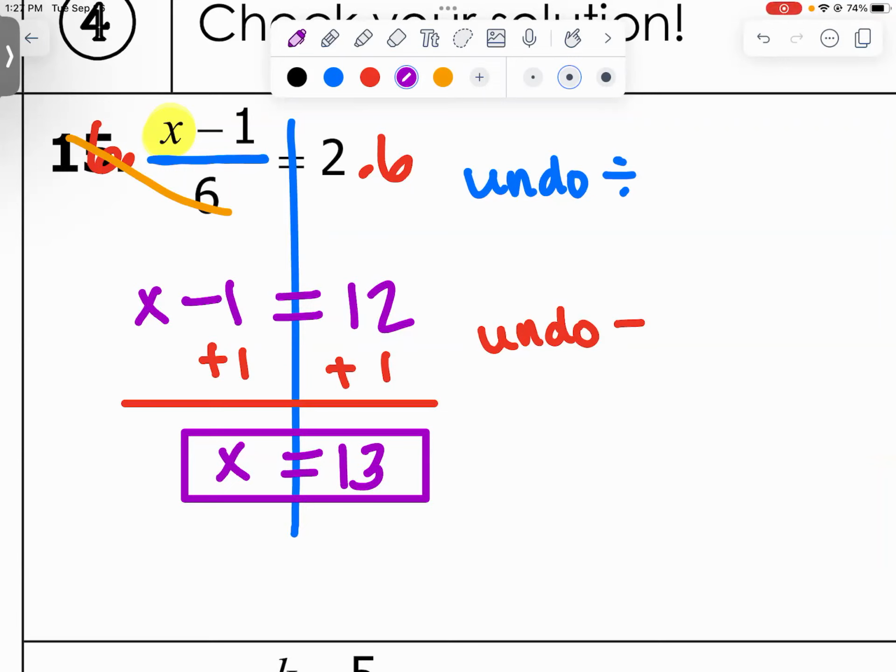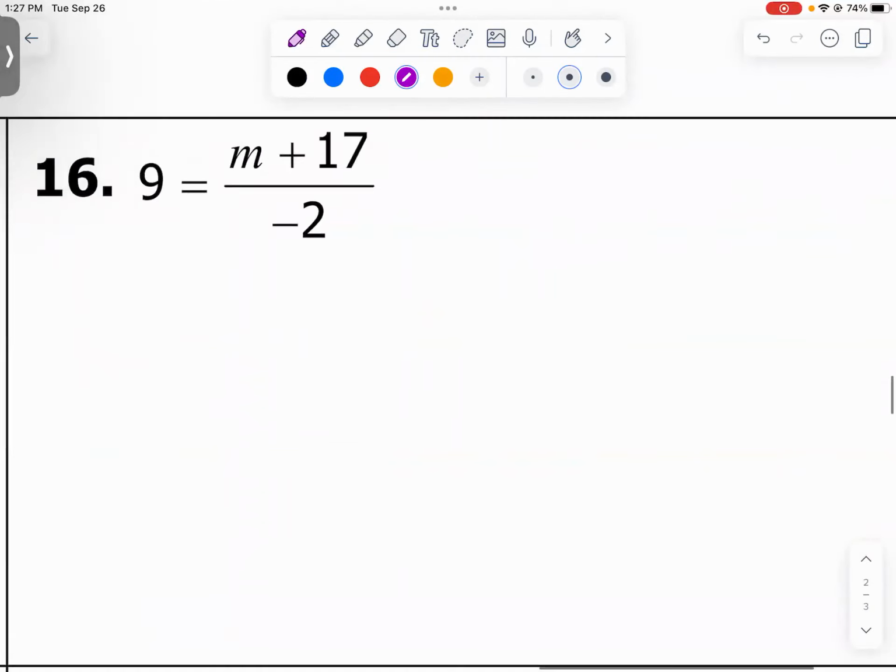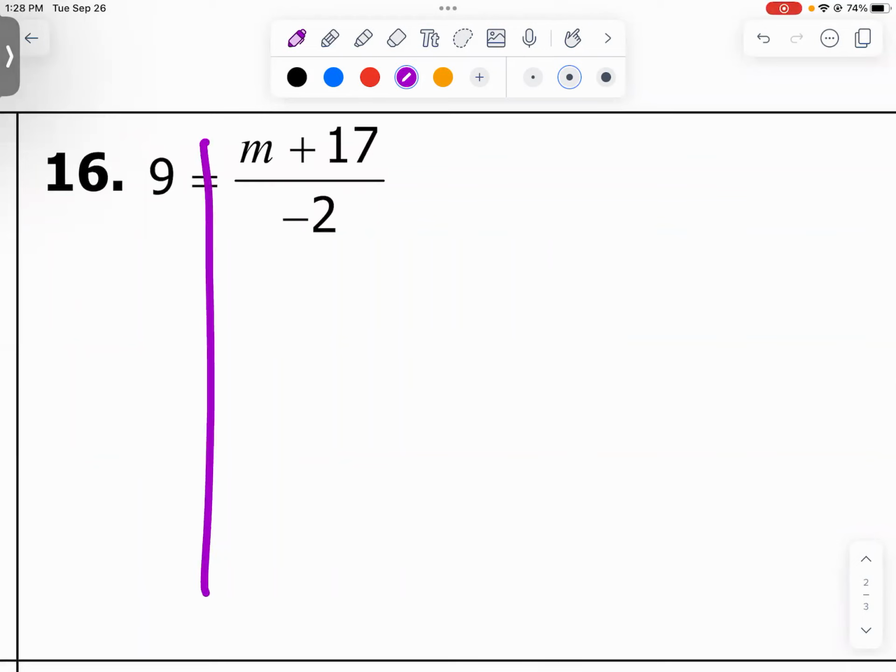Okay, we're gonna do one more together. I'm not gonna go backwards. I will go forwards. We're gonna do number 16 together. Draw your fence. Okay, so we have a -2, and we have a 17.